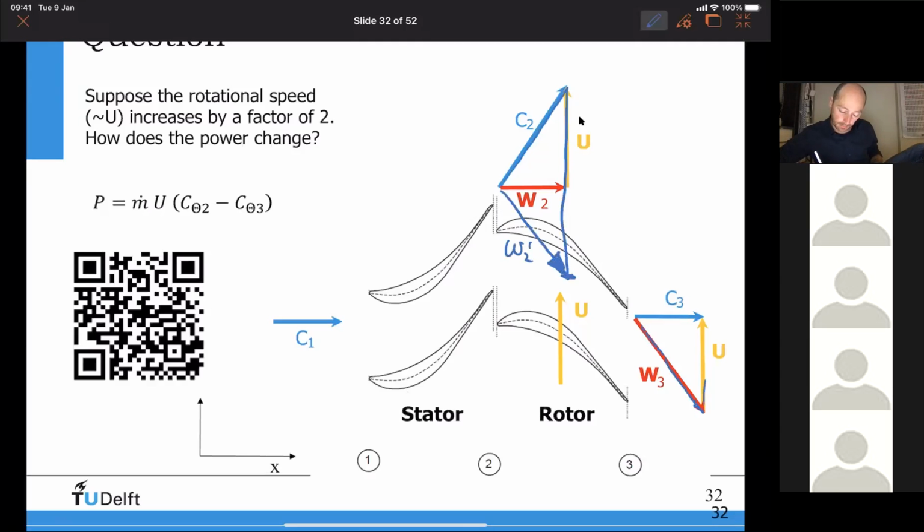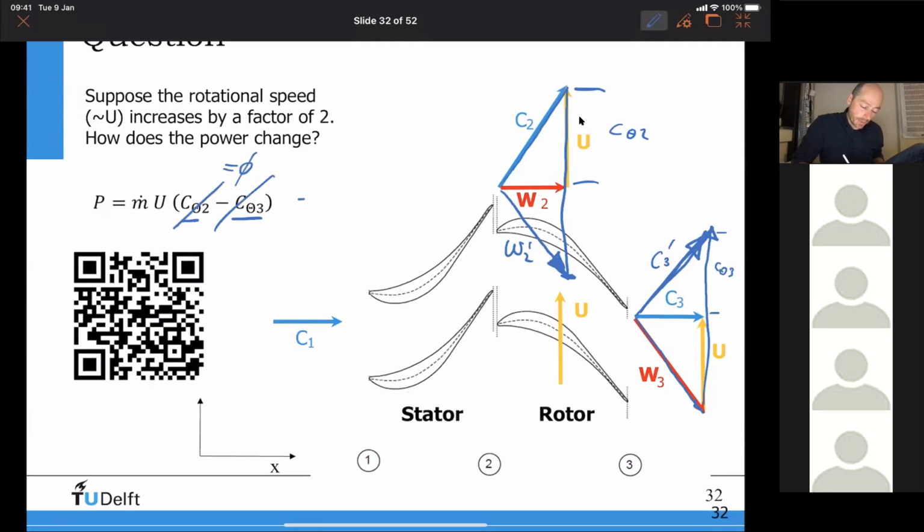The speed goes up by a factor of 2. And now all of a sudden I get a C3 that looks like that. This is now my C3 prime, and this is C theta 3. C theta 3 is the same as C theta 2. So C theta 2 minus C theta 3 equals 0, and the power becomes 0.